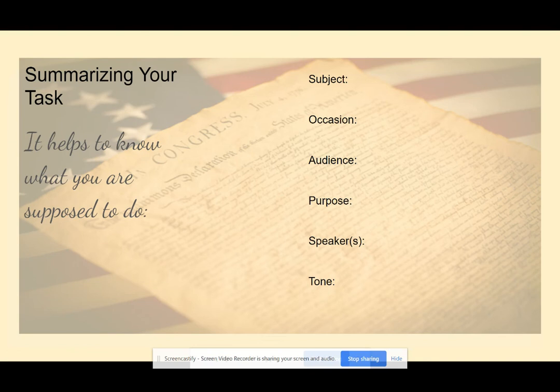You could use the occasion as being in response to either Gerson's article or the Twitter piece, the Wang. If you wanted to write it in response to that, that would be your occasion. Who is your audience?